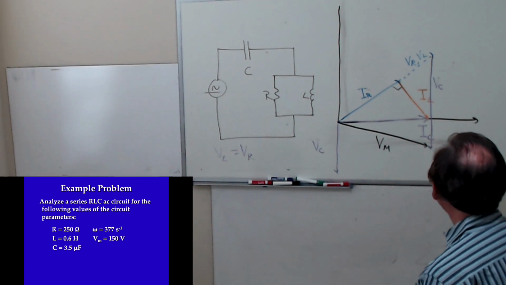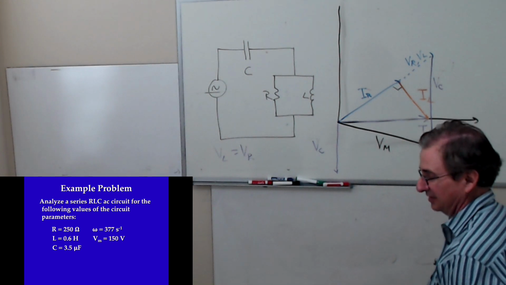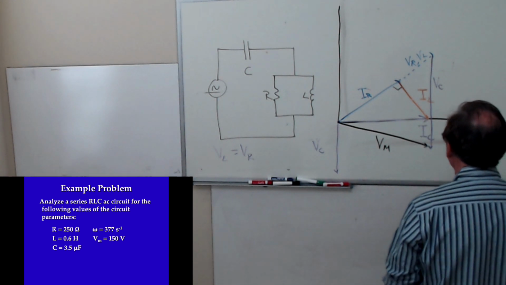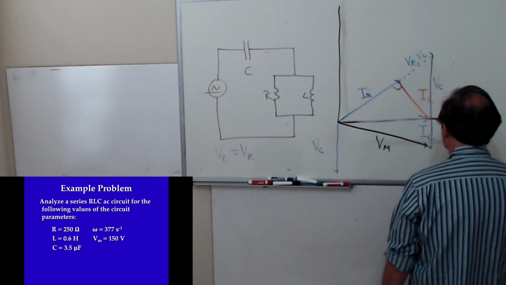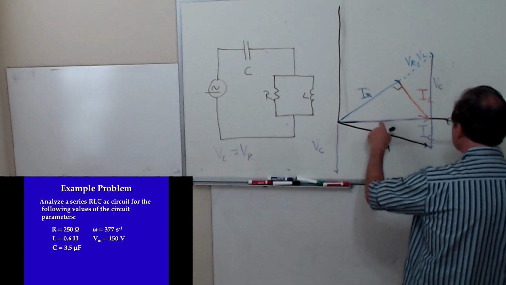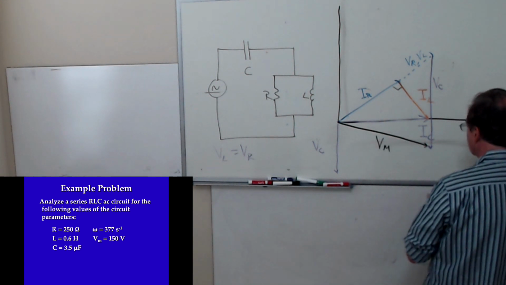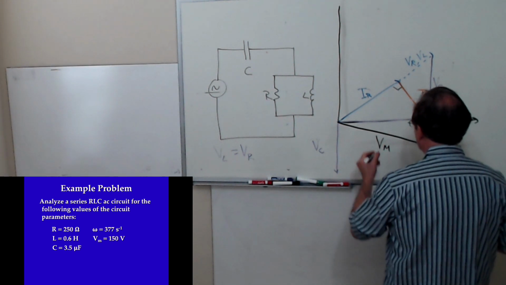Okay, so now I have everything. So the phase angle between the power supply voltage and your total current, we'll call phi.